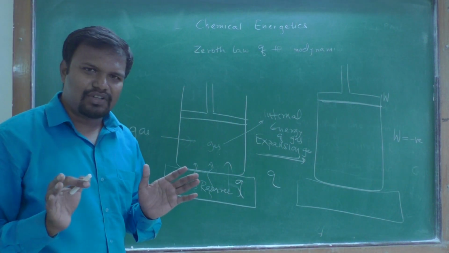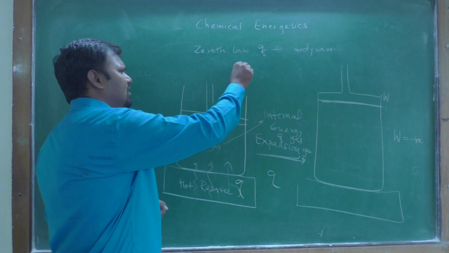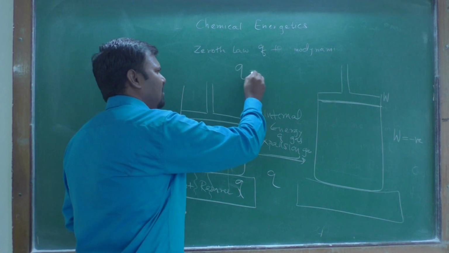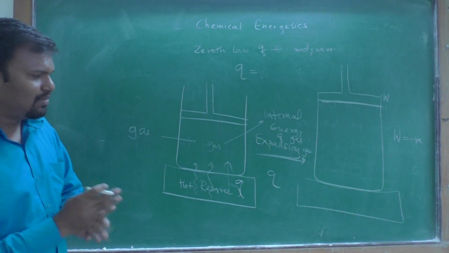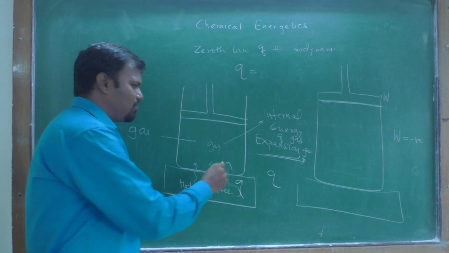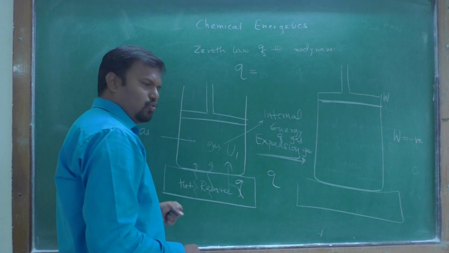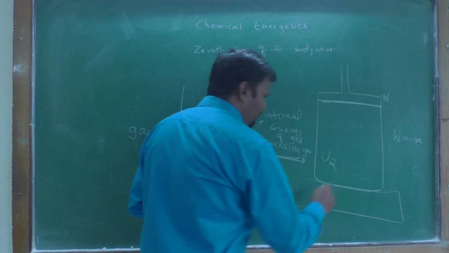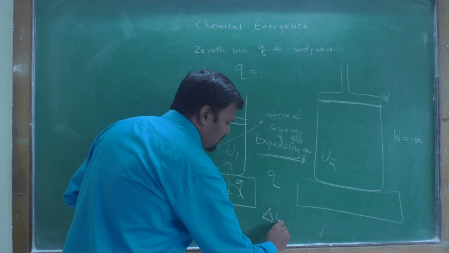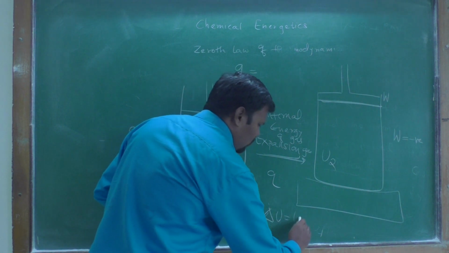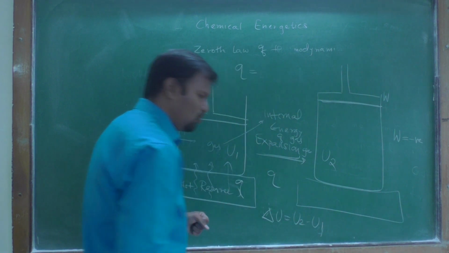Okay, an easy equation we can derive. Due to the given Q heat, the internal energy increases. How much does the internal energy increase? Suppose the first state has U1 and the second has U2, then the total change in internal energy is equal to U2 minus U1.